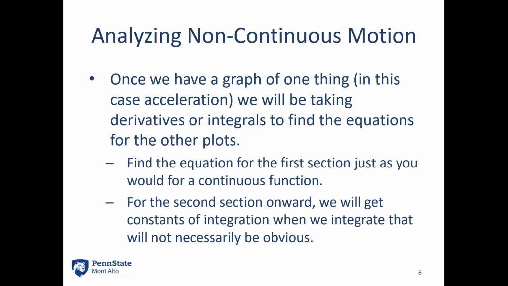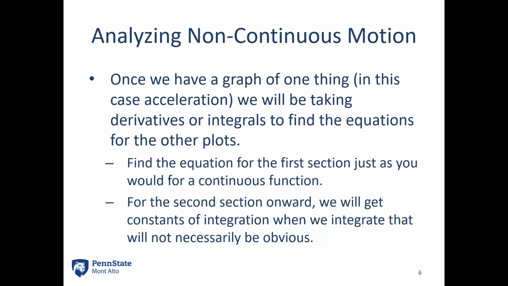So for the second section onward, it's going to be a little more complicated. We can still take the derivative or integral of that function for the second section, but now those constants of integration aren't necessarily going to be obvious. So it's not going to be initial velocity, initial position.